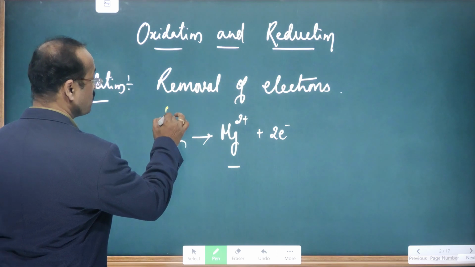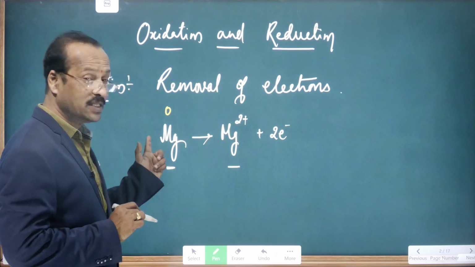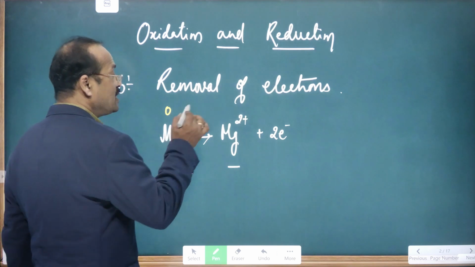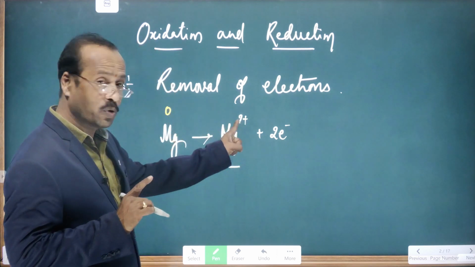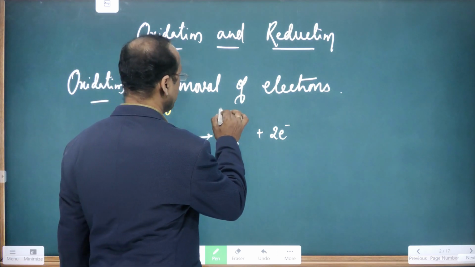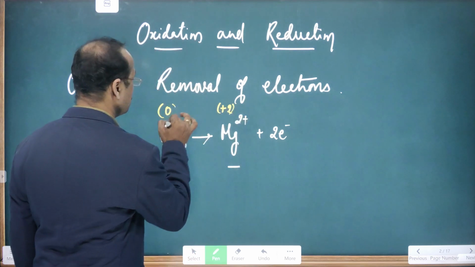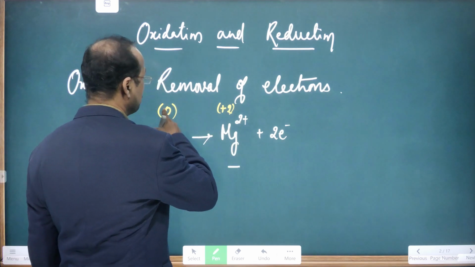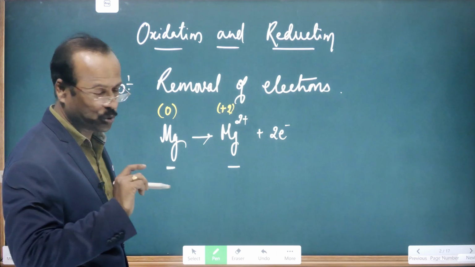0, right? The oxidation number of magnesium is 0. Why? Because it is individual and neutral, so its oxidation number is 0. Now what is the oxidation number of magnesium plus 2? The oxidation number is equal to its charge, so the oxidation number of the magnesium ion is plus 2. From 0 the oxidation number increased to plus 2.